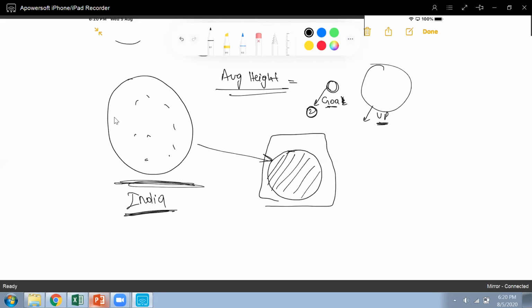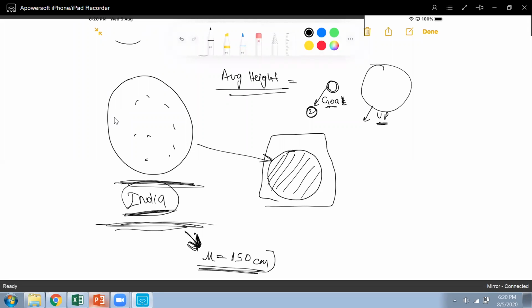Now what happens is that for India, we would have done various tests earlier also. We have taken some sample, then we found some average height. So by looking at all the things that we studied earlier, we get that the average height of people in India is 150 centimeter.